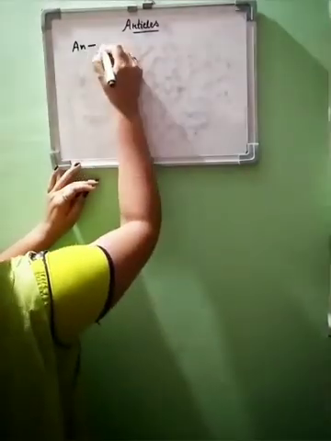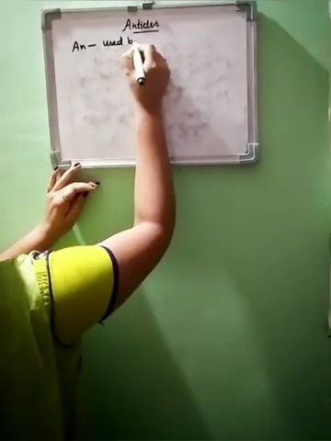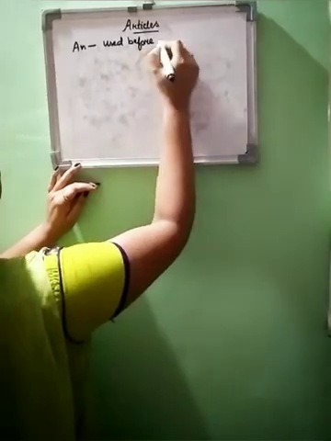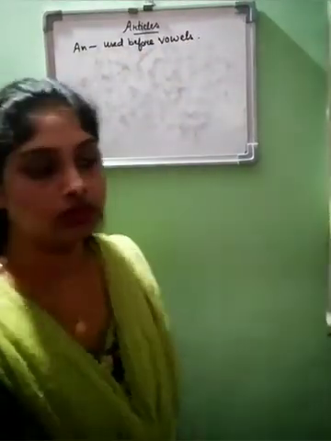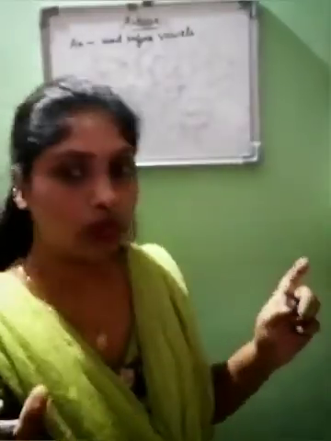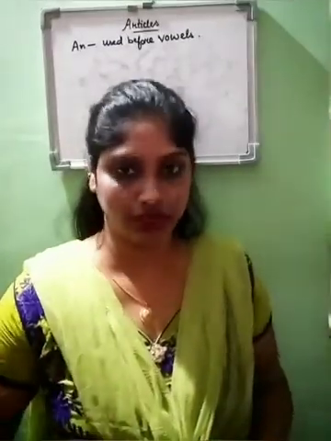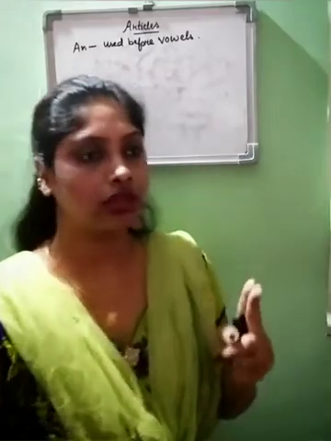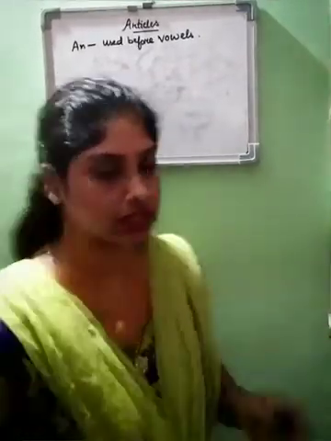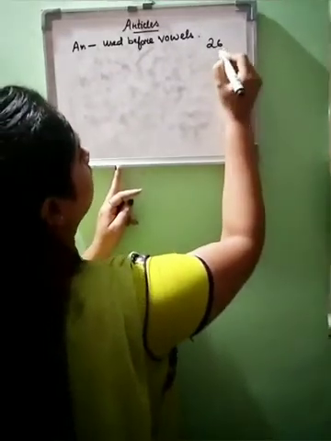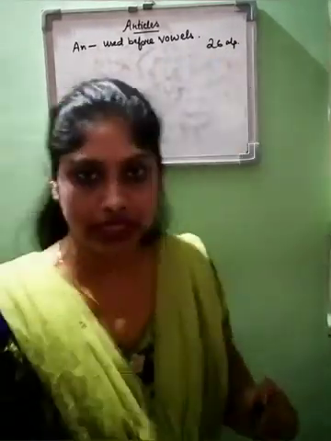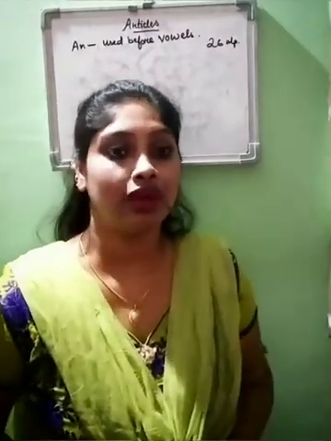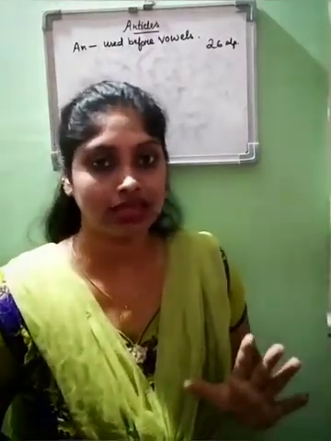So an is used before vowels. If you know what vowels are, or let's revise it once again. We know that we have 26 alphabets in English, right? Within these 26 alphabets we have 5 alphabets which are considered as vowels.